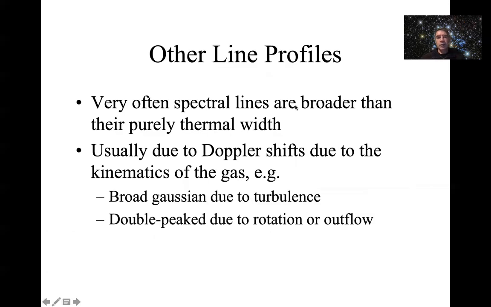So you will often find that spectral lines that you see are broader than you would calculate from that purely thermal width formula that we just had. So if you know the temperature and the composition of the gas you're looking at, then you can always calculate what you expect the thermal width to be, and often you'll find that the lines are broader than that. And this is usually due to additional Doppler shifts above and beyond the thermal motion of the individual atoms or molecules in the gas itself.